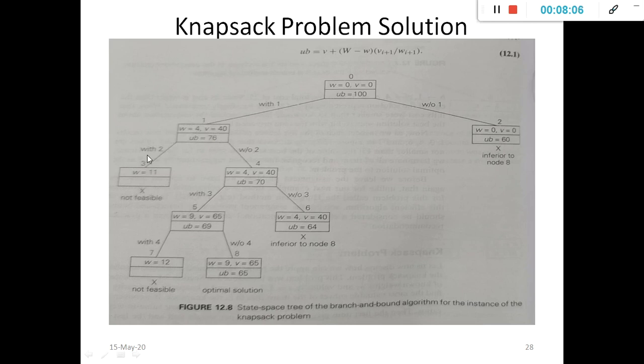The weight of item 2 is 7 and you have already placed item 1 into the knapsack and its weight is 4. Then 7 plus 4 is 11, so the total weight becomes 11.